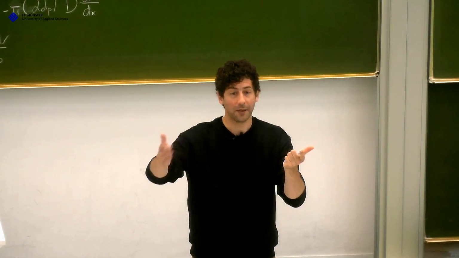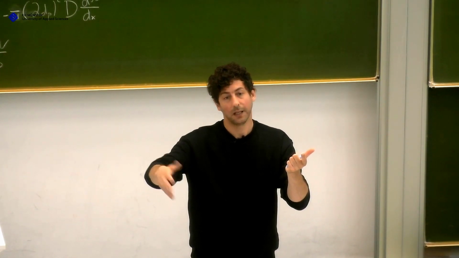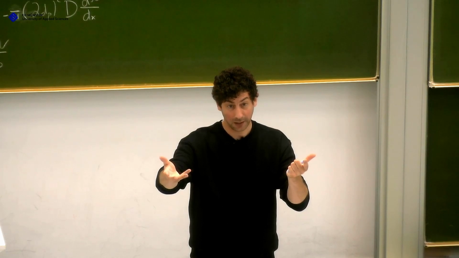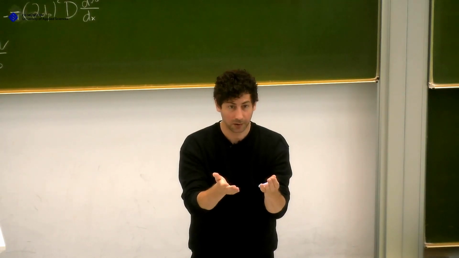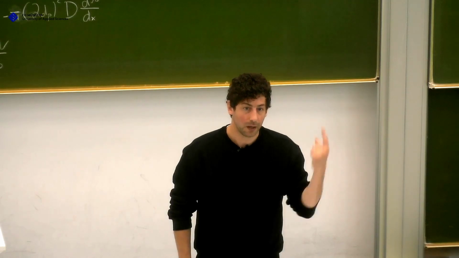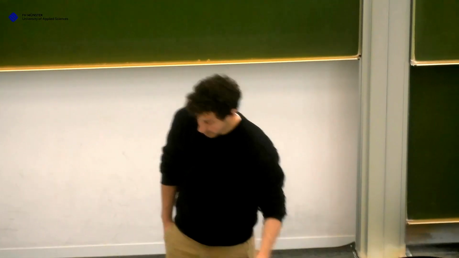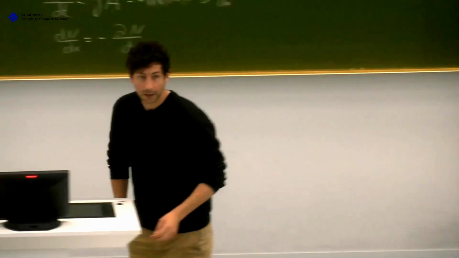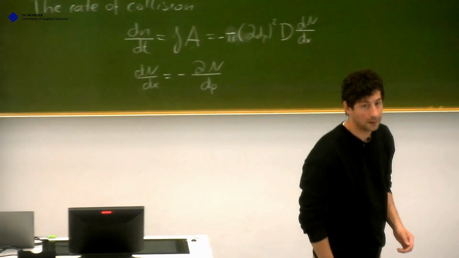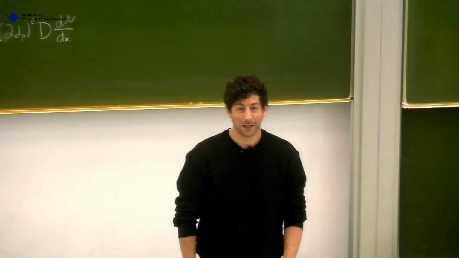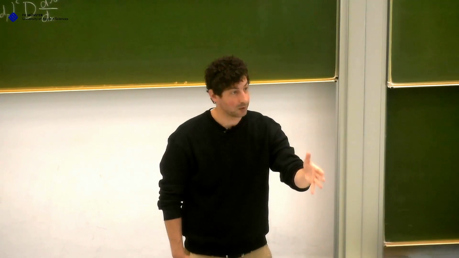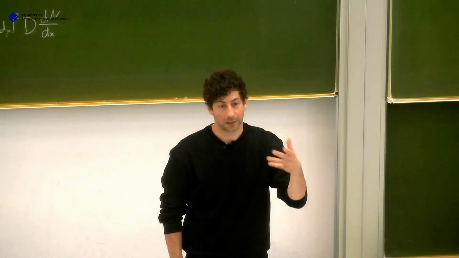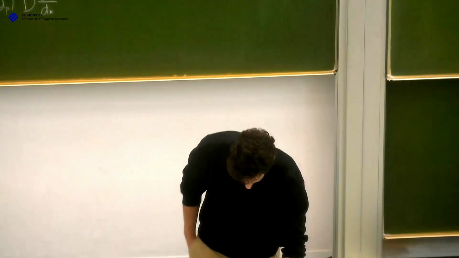So if you have 1,000 particles, you have a certain amount of collisions, and you have a certain amount of particles arising from this collision, and this is basically the same. Very, very good. Just to briefly summarize, the rate of decreasing collision is the same as the rate of decreasing numbers.